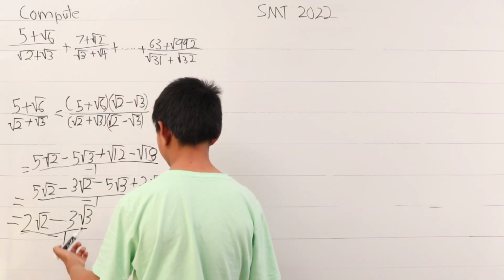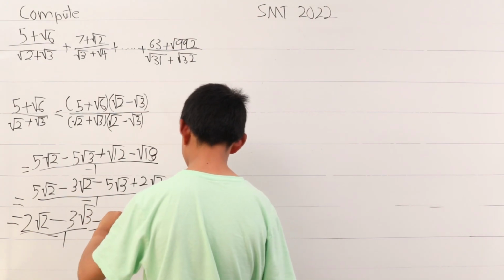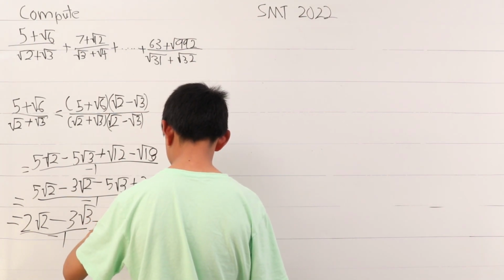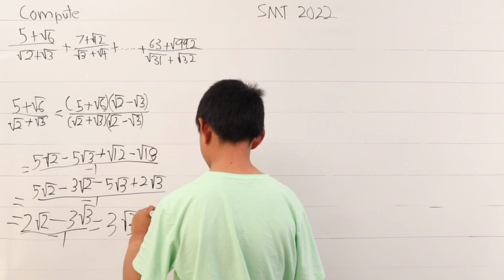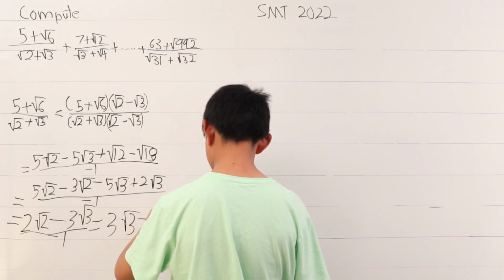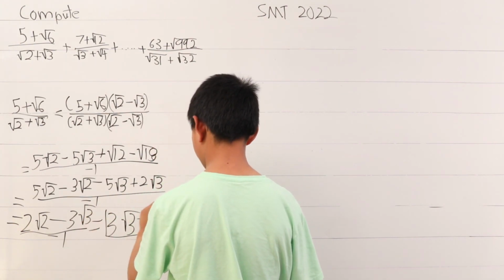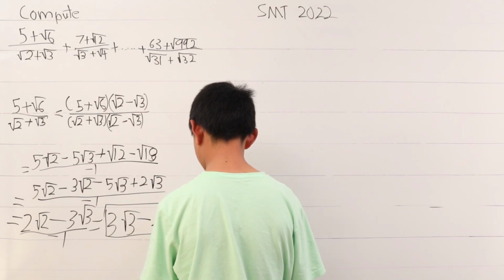Now we put the negative 1 inside. This is effectively, now switched around, 3 times the square root of 3 minus 2 times the square root of 2. So we have our first term right there.